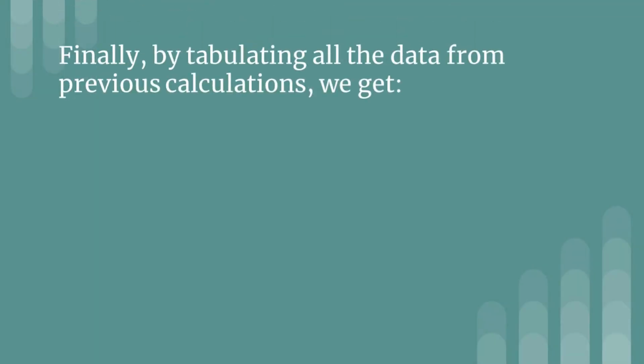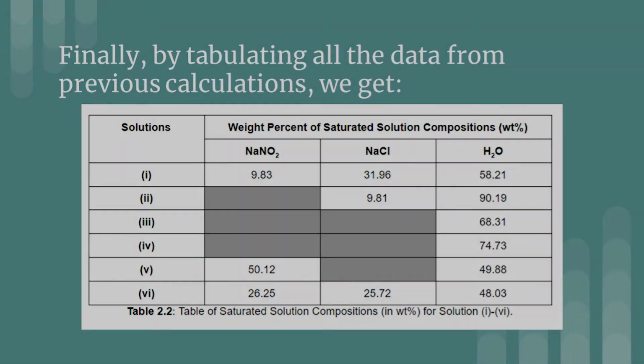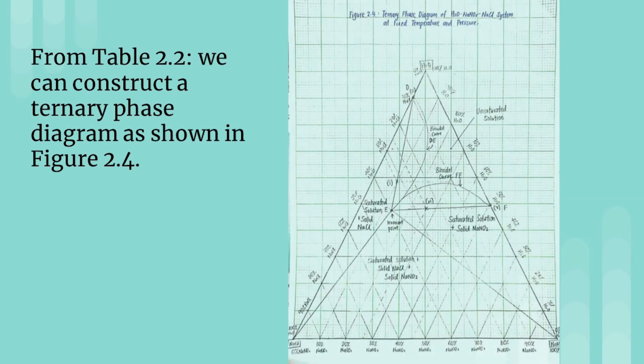Finally, by tabulating all the data from previous calculations, we get a table of saturated solution composition in weight percentage for solution 1 to 6. And from table 2.2, we can construct a ternary phase diagram as shown in figure 2.4 at the right.